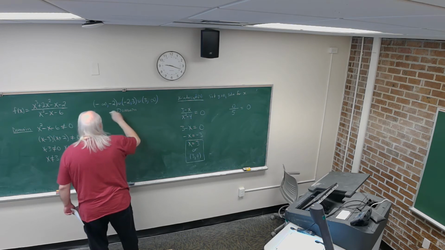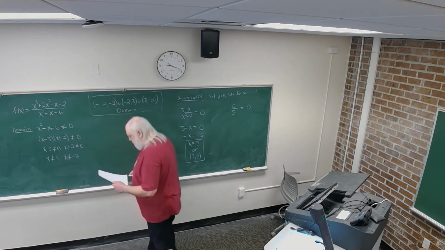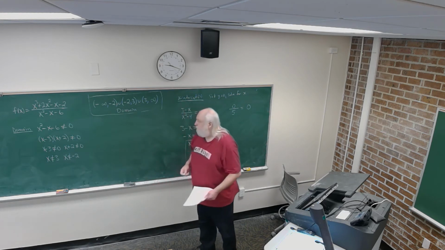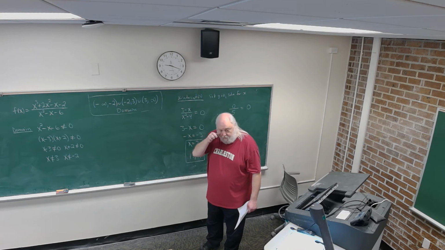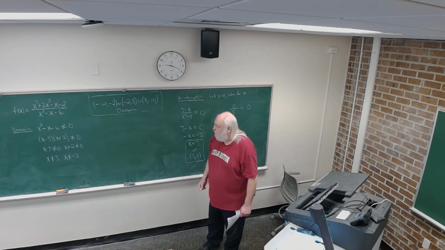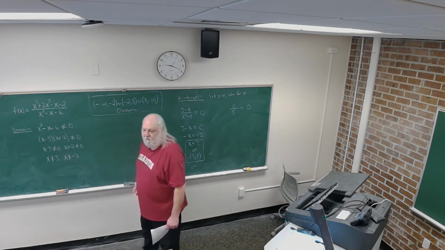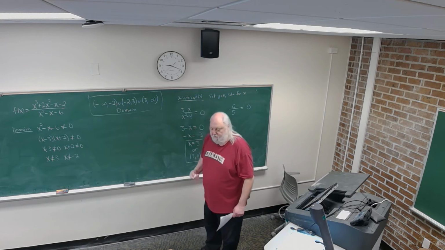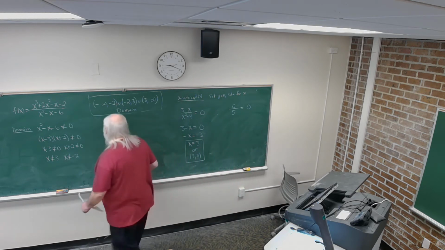So that's the domain in interval notation. Okay. And this you've done. This is like an exam 1 question, right? Exam 1 or exam 2, I can't remember. Finding the, right, you had to find the domain of a rational function. It was either exam 1 or exam 2, I can't remember. All right, y-intercept.